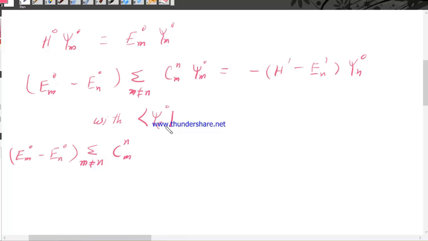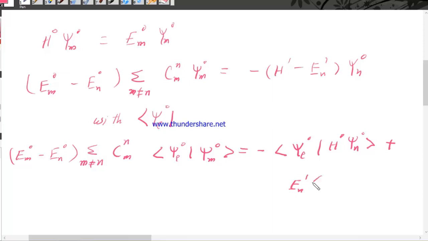So the bra ψl0, and there will exist a corresponding ket ψn0, is equal to minus the bra ψl0 with H' applied on ψn0, plus En1, which is constant, so it comes outside, and then the inner product of ψl0 and ψn0.